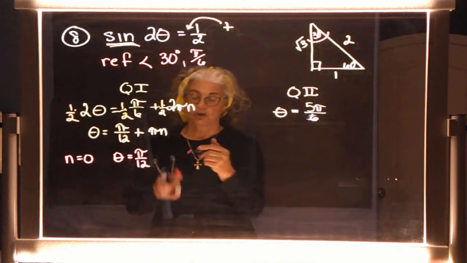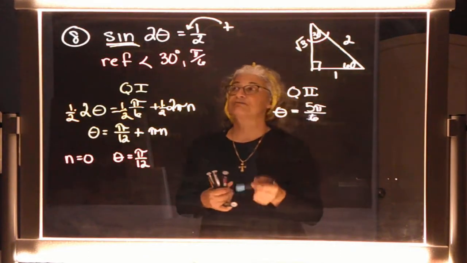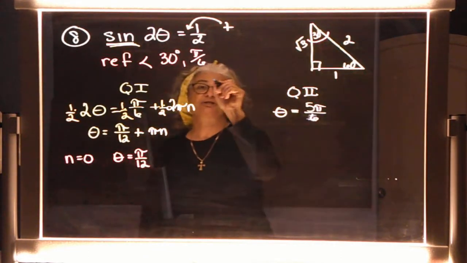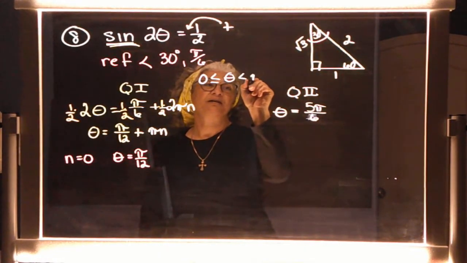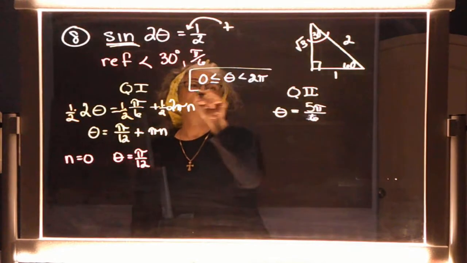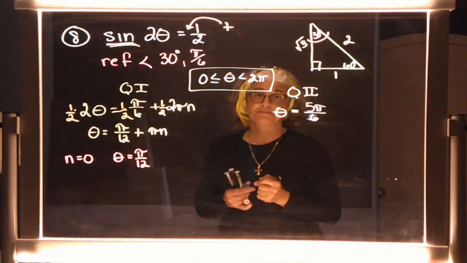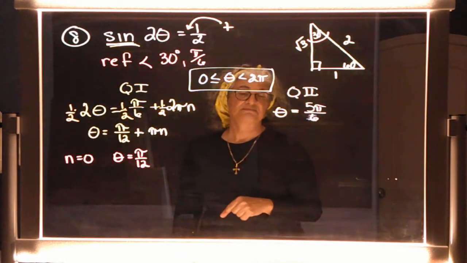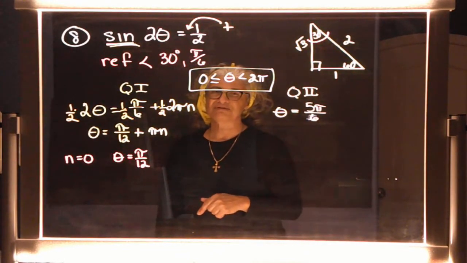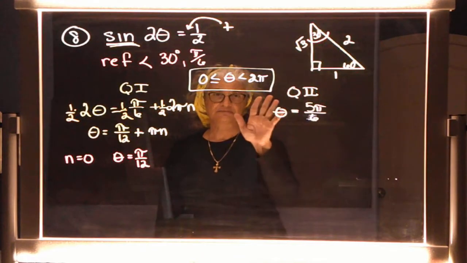Now remember, we're working under a restriction. At the very beginning, the restriction we're working under is that your theta has to be in the interval between 0 and 2 pi. Is pi over 12 in that interval? Yeah. And some of you are like, well, how do I know when it's not?